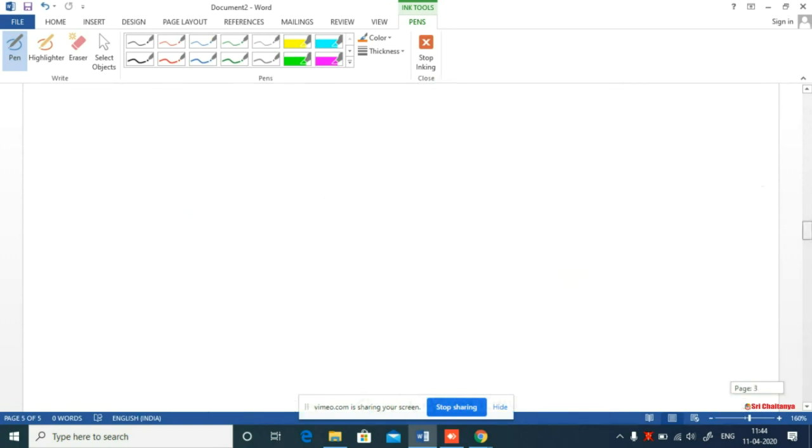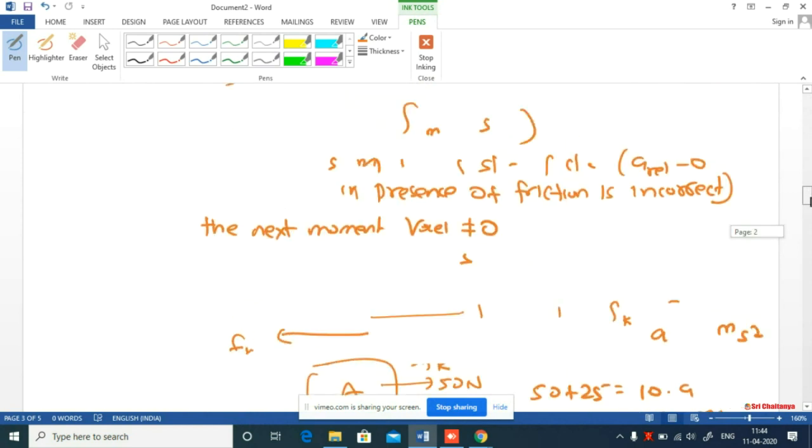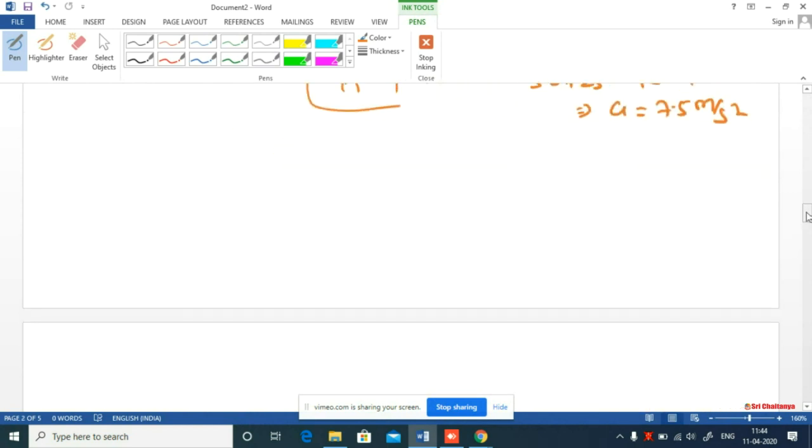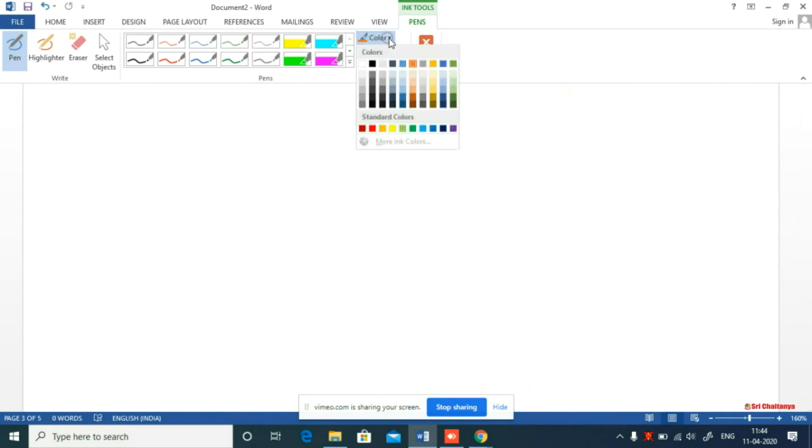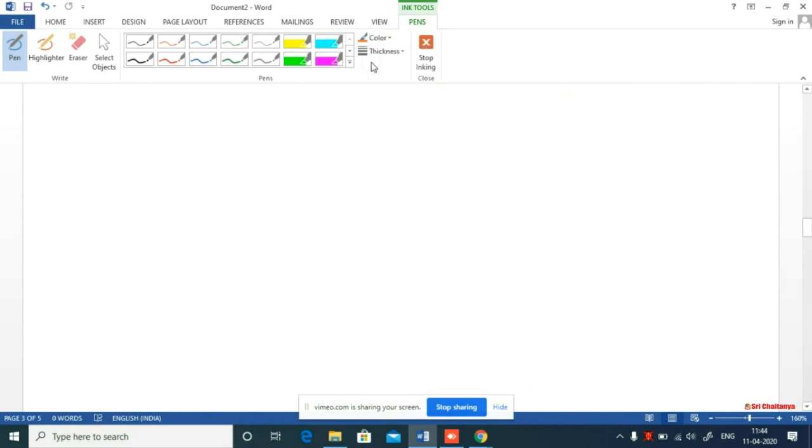So straight away now we move to the last topic of the day. We have understood the differentiation between kinetic friction and static friction, and we'll move to the two block problem. This you can obviously generalize to three block problems or even n block problems, though they normally ask either only two block or three block problems.